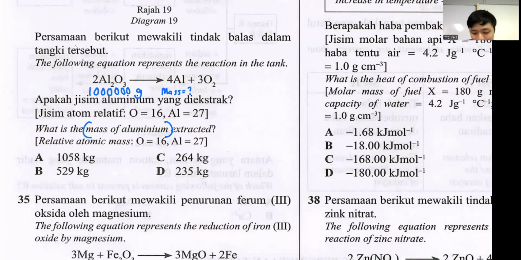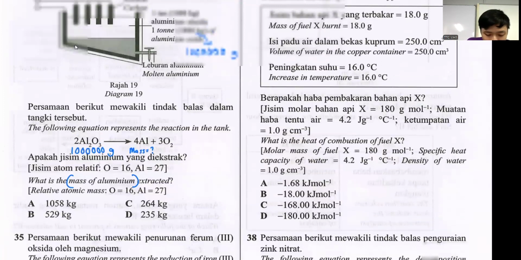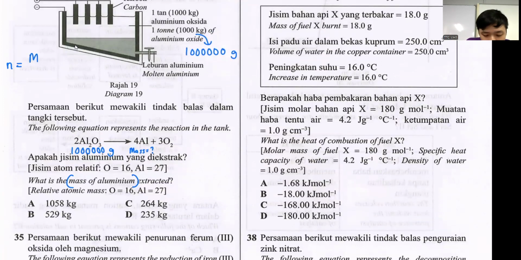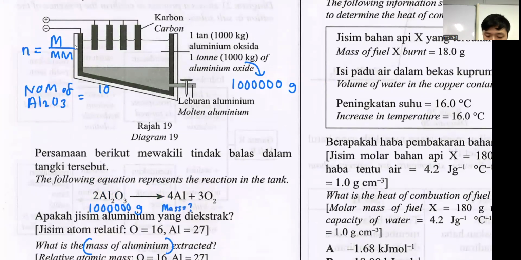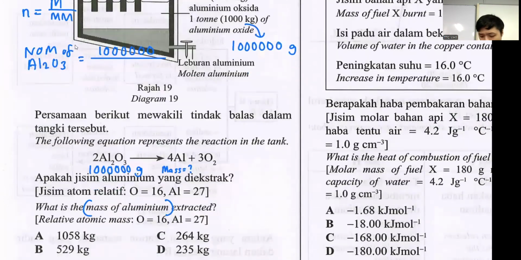So first step, in case for those who still don't know, number of mole equals to mass over molar mass. If you want to find the number of mole of aluminum oxide, mass is 1 million over molar mass.